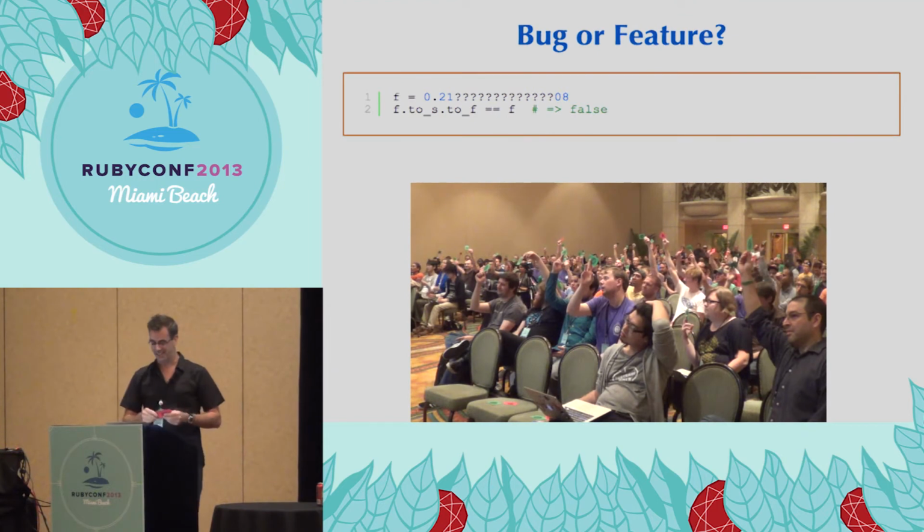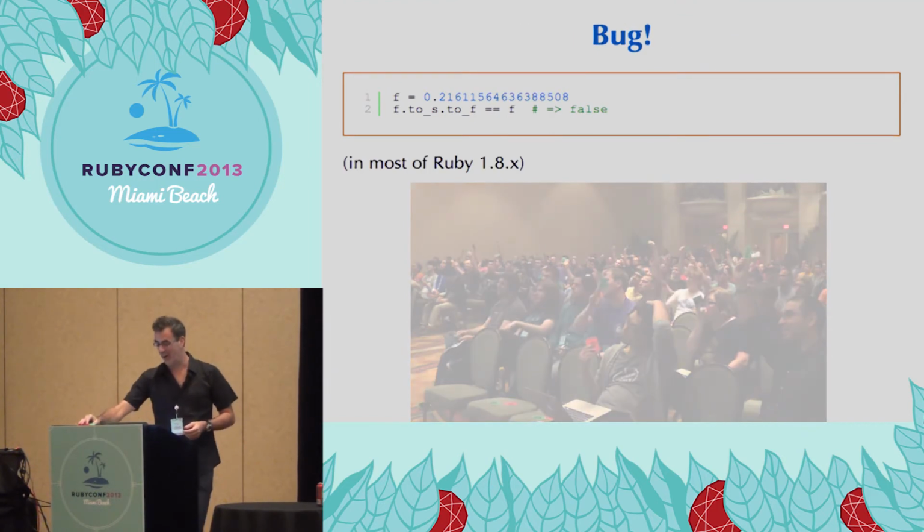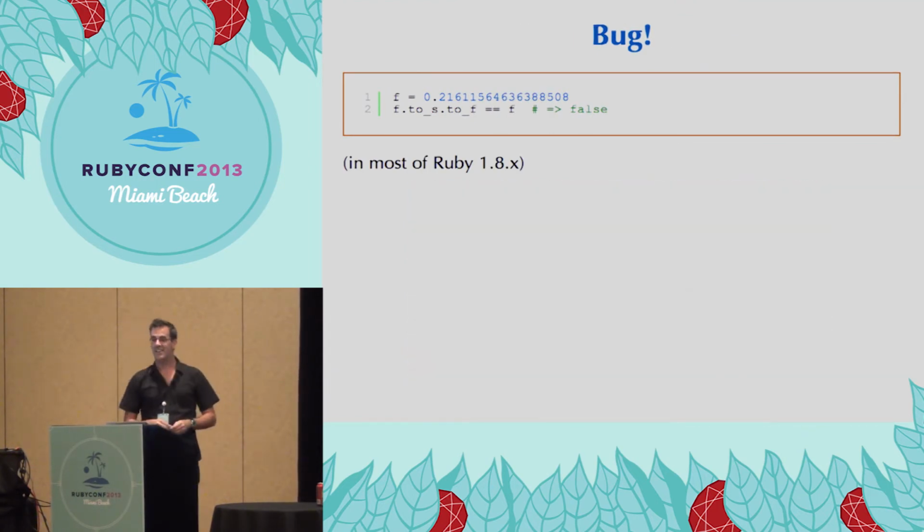Oh, lots of green. Well, that's a bug. Because in most versions of Ruby 1.8, there were specific float values that wouldn't round trip like this. But really, you can type in a whole bunch of numbers, but when Ruby prints to you a number, it should always be the minimum representation that has all the information about that float.